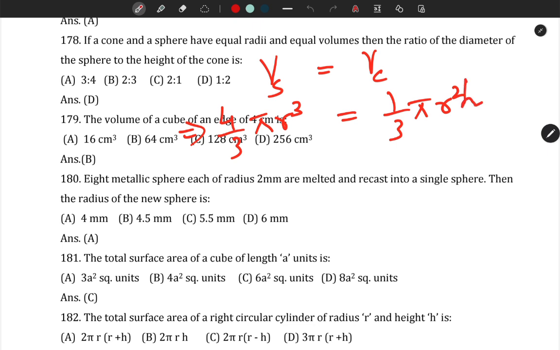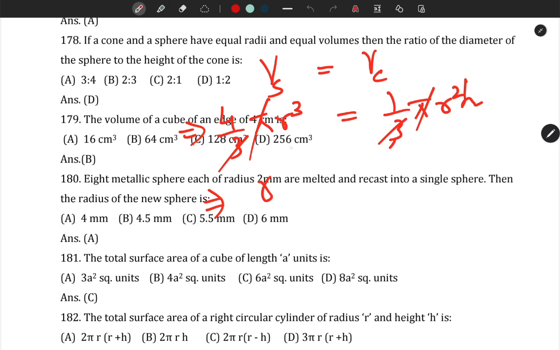So now let's cancel this 3 with this 3, because if you cross multiply, this 3 will come to the numerator on the left hand side. Then we can cancel pi with pi. Now let's bring the radius and height to one side and the number to the other side.